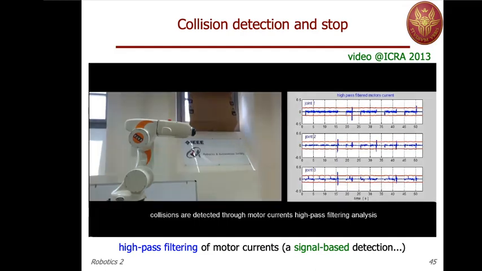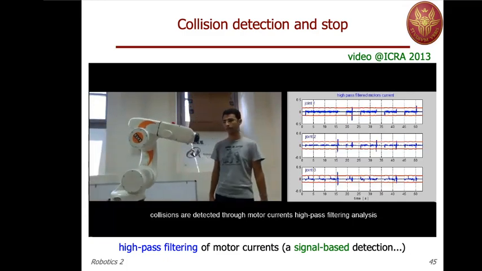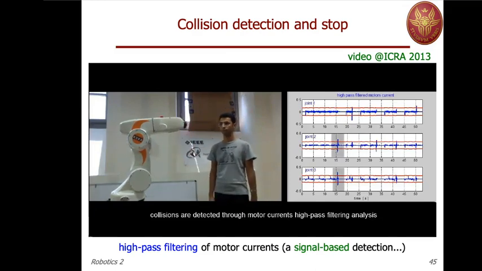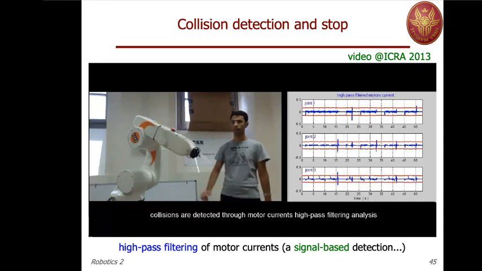So here in the video, the robot is making a periodic motion. Remember, only the first three joints are moving, so the three wrist joints are kept frozen. So while doing this task, now you see that joint 2 and joint 3 current has exceeded their threshold.